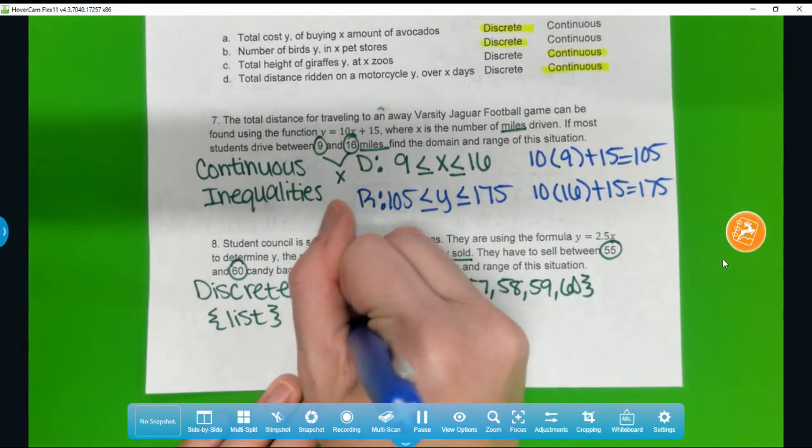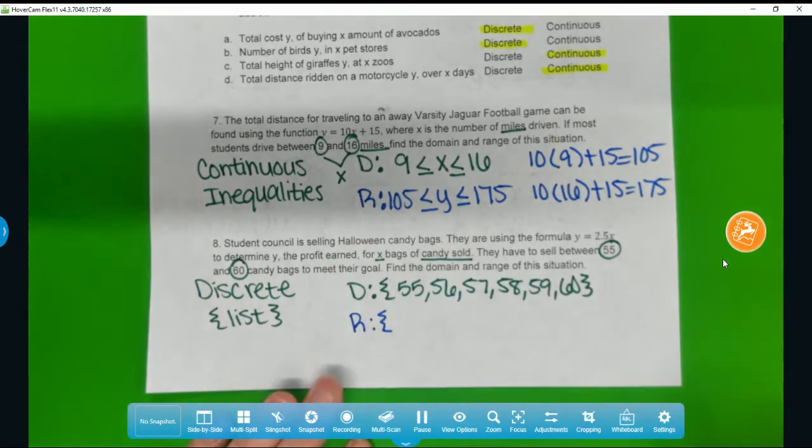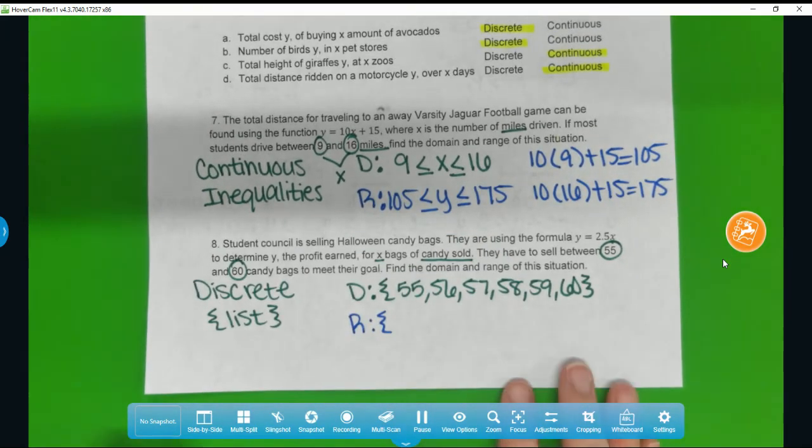Okay, my range is going to be the cost at those points.